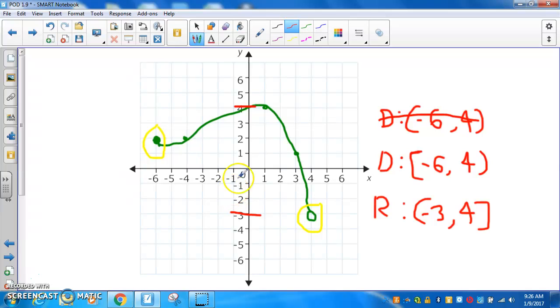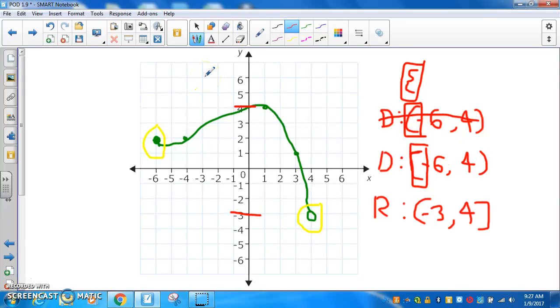So it gets a little confusing because now we're using indices, brackets, and parentheses, and that's really confusing. But again, quick review: indices are used for points, parentheses are used to not include that point in a range, and brackets are used to include that point in a range.